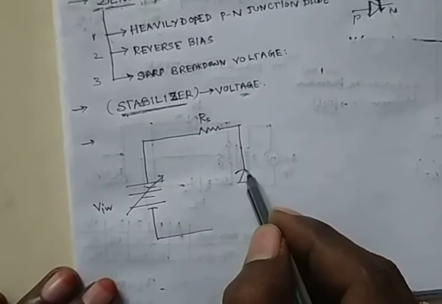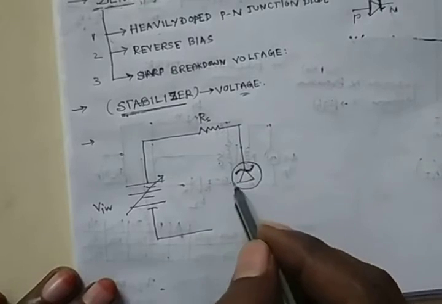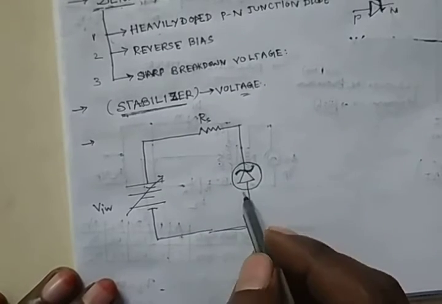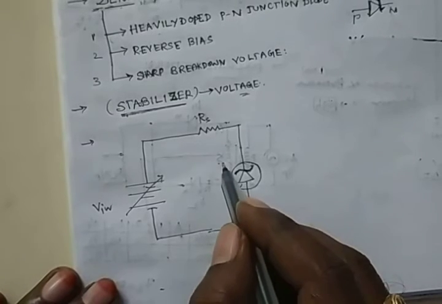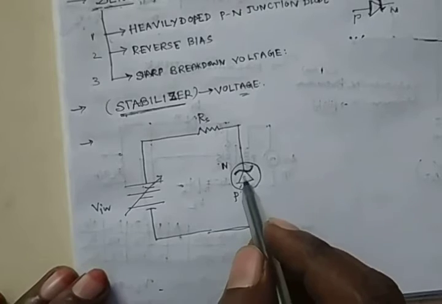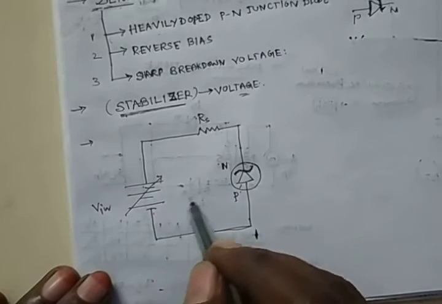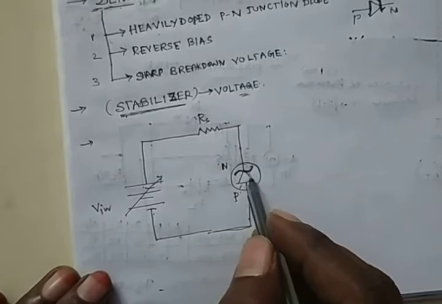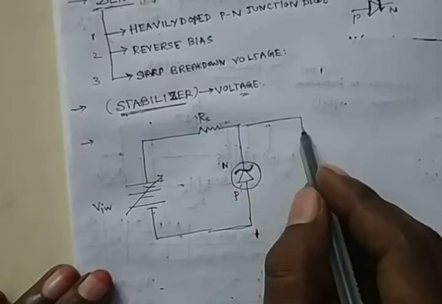Now this is connected to a Zener diode. How is this Zener diode connected? This is a P-type semiconductor and this is an N-type semiconductor, and P is connected to minus and N is connected to plus. Then it is said to be in the reverse biased condition.